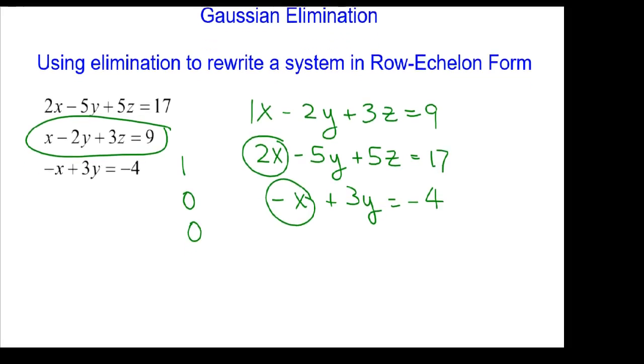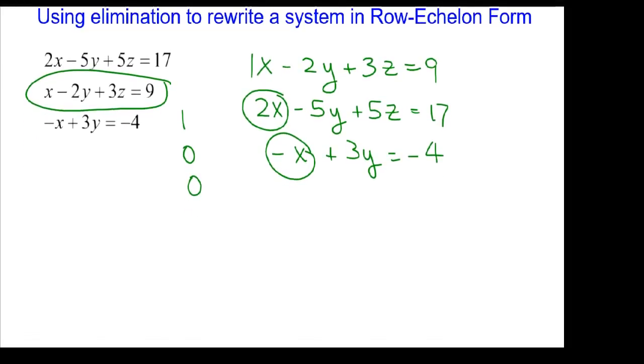So we begin the process of Gaussian elimination. I take my first row and write it down. And what I want to do then is multiply that row by the opposite of the number I'm trying to change to a 0.